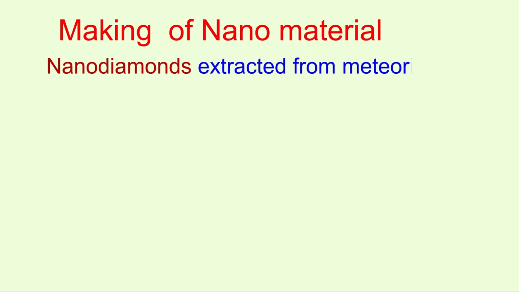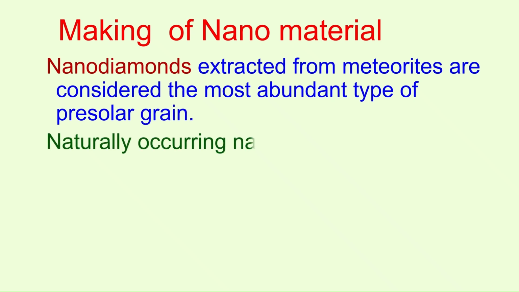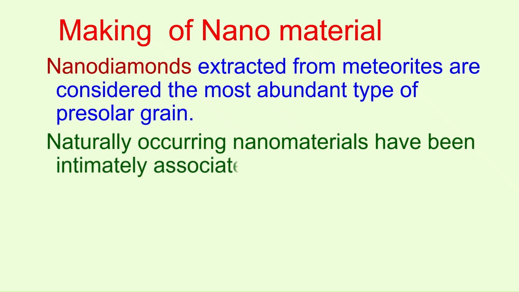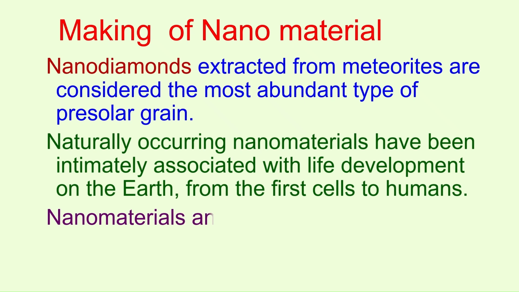Nanodiamonds, extracted from meteorites, are considered the most abundant type of pre-solar grain. Naturally occurring nanomaterials have been intimately associated with life development on the Earth, from the first cells to humans.